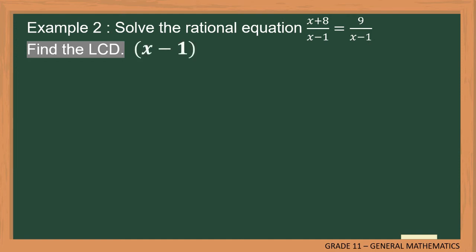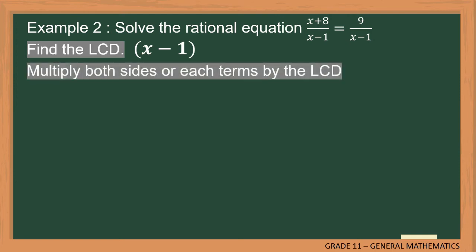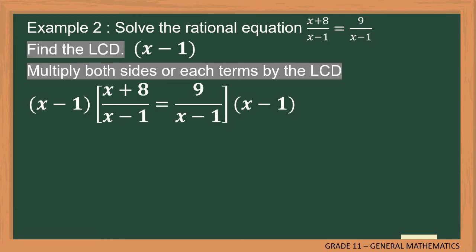And then, i-multiply si LCD sa given equation. So, x minus 1 times x plus 8 over x minus 1 is equal to 9 over x minus 1 times x minus 1. And then, isa-isahin na natin i-multiply si LCD sa loob ng bracket.